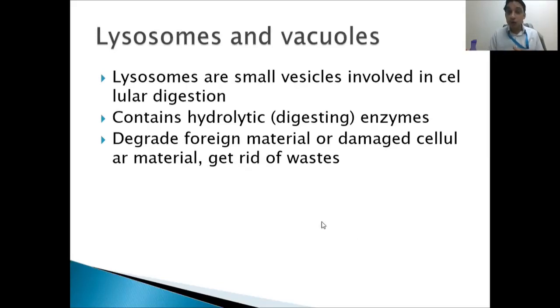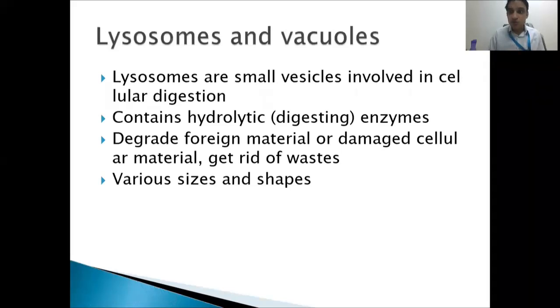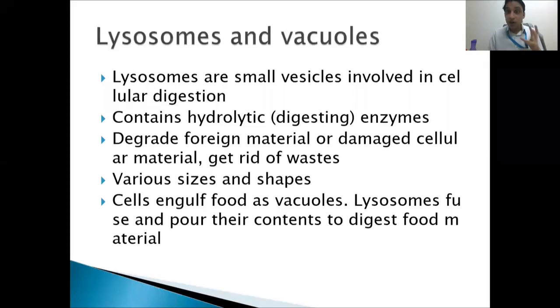In order to consume that material, the cell needs a specialized structure called lysosomes, which contain hydrolytic enzymes. Those hydrolytic enzymes can convert the big molecules present in that food into simpler ones. And this process is called digestion. The same thing we are doing in our digestive system, but in a more organized and more complex way.